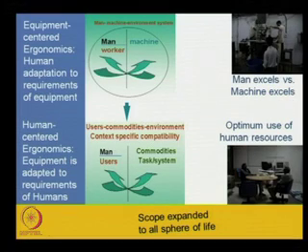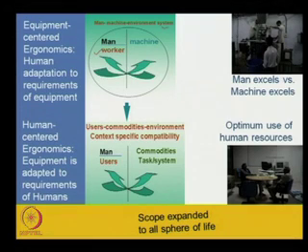Now, from the origin time until now, as ergonomics is being used, some shift is seen. The first is that the man machine environment system was developed, where the interaction between man, machine and environment was there. Now, man was considered as worker.